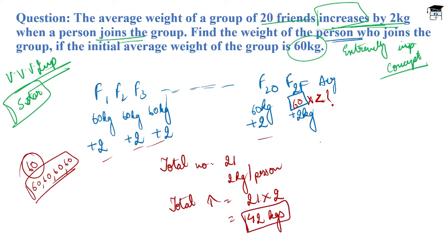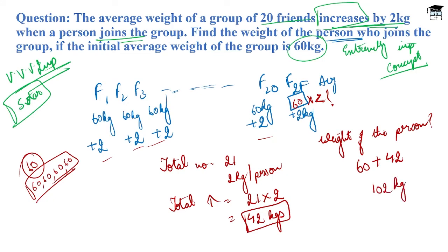So the weight of the person would be 60 kgs, that is the initial, plus 42 kgs, that is 102 kgs.